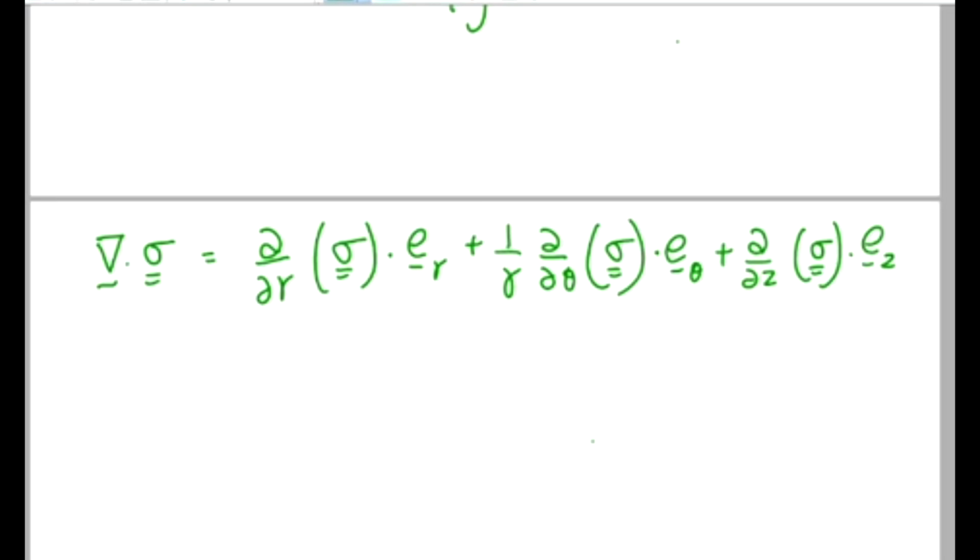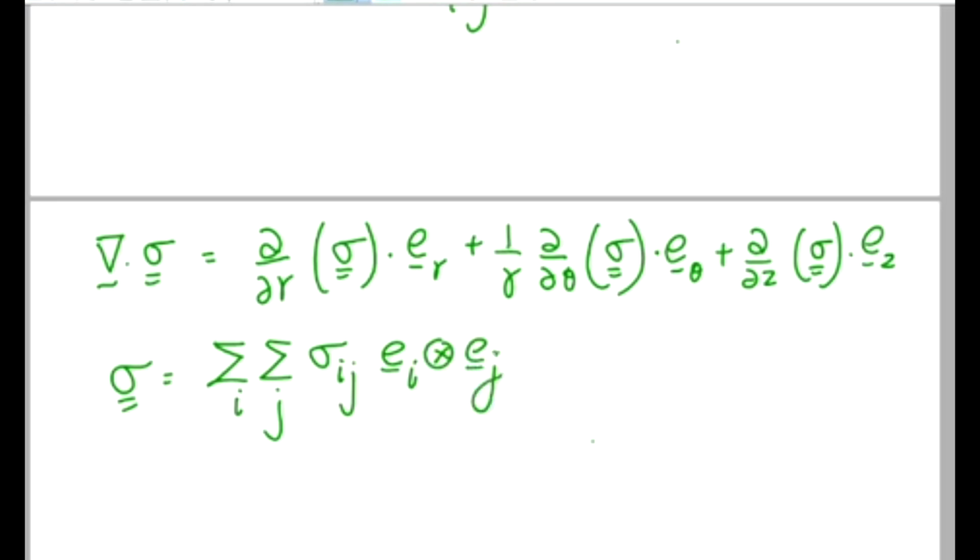And then you also have to expand your sigma in the cylindrical coordinate system. So sigma would then be again a double summation over ij sigma ij Ei tensor product Ej.